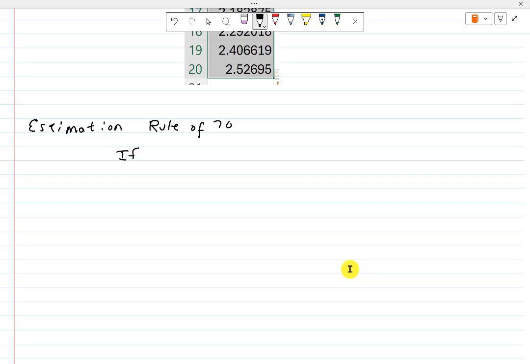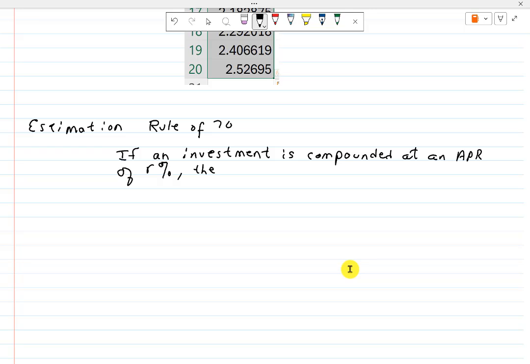If an investment is compounded at an APR of R%, then the doubling time is approximately 70 divided by R. So if we look at the last example there, the percentage was 5.